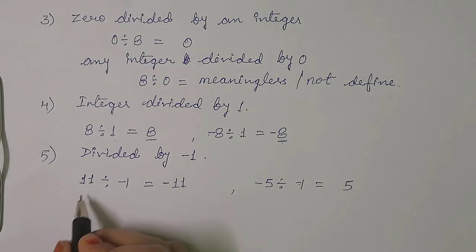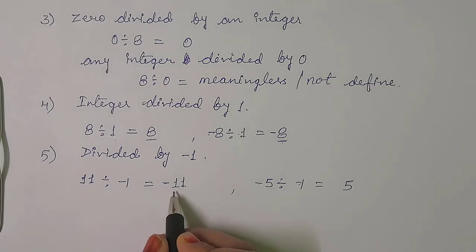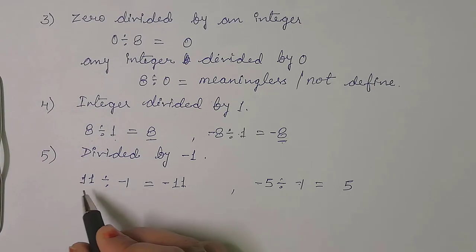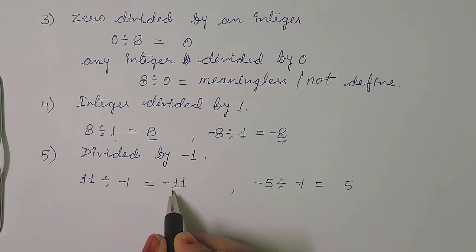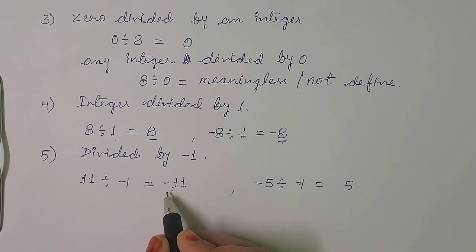See, when we divide any positive integer by minus 1, then we get a negative integer. Same number we are finding, but with the opposite sign. If a positive integer is taken as the dividend, then we get in the quotient the same integer but with a negative sign.